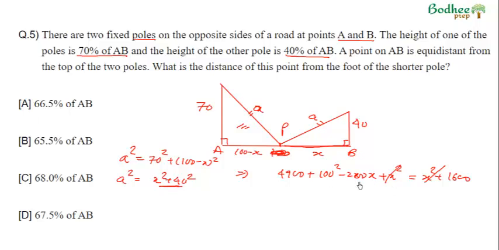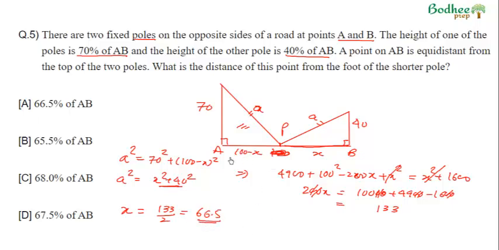So on simplification, I'll get 200X equal to 10,000 plus 4900 minus 1600. On calculation, let me just remove 2 zeros from here. So this is 100 plus 49 minus 16. So 149 minus 16 gives 133, right? So the value of X is 133 divided by 2, which clearly is 66.5.